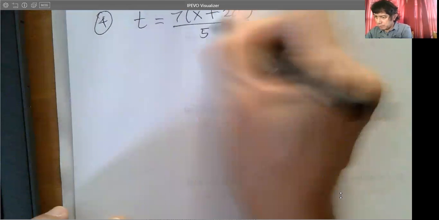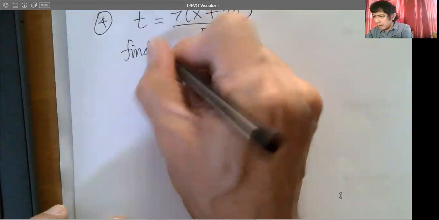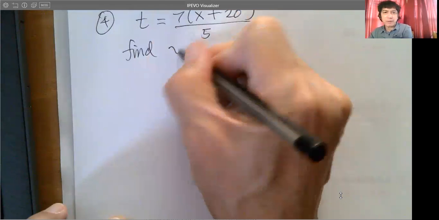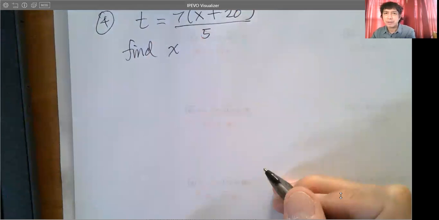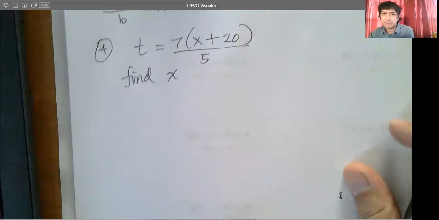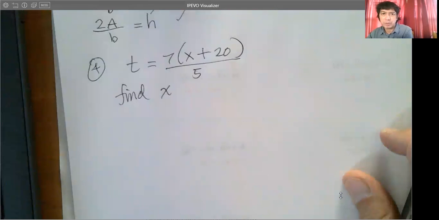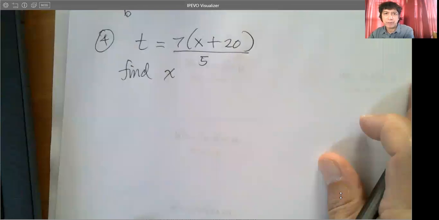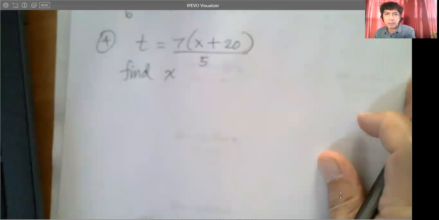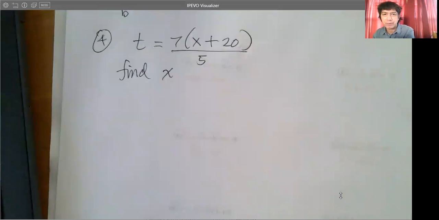And the instruction is find x in terms of the other. Find x. All right. Here's number 4: t is equal to 7 times x plus 20 over 5. So we need to find x there.